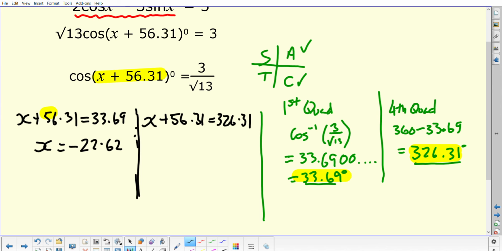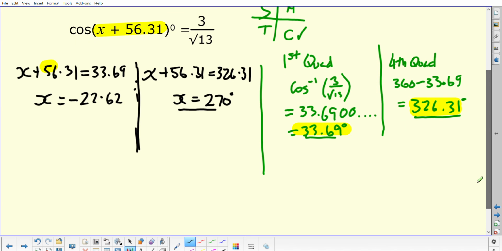We'll come back to that in a little minute. This one here, when you subtract the 56.31, you would get the value of 270. Now, clearly, if possible, we're looking for as many solutions as we can. This is a cos function. It will have a period of 360, but of course it's a phase angle when it's shifted, but that does mean that you still need to consider all possibilities.